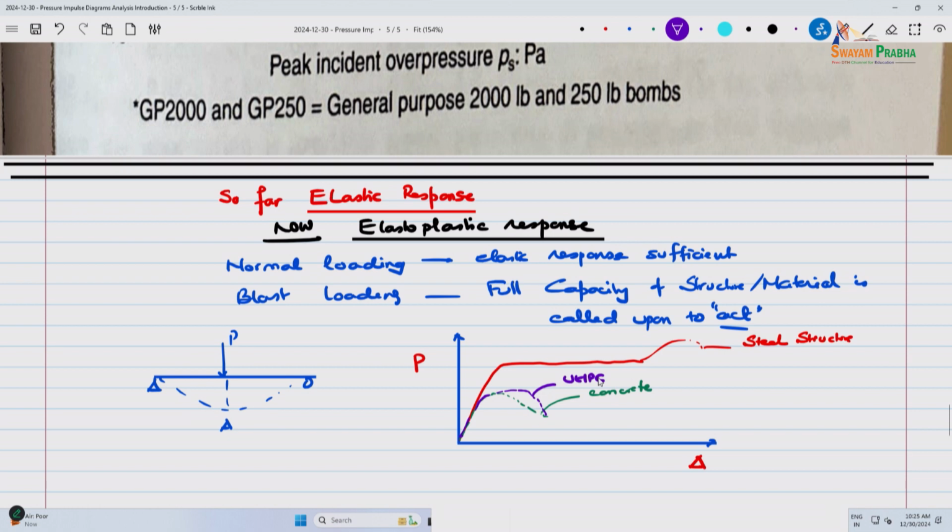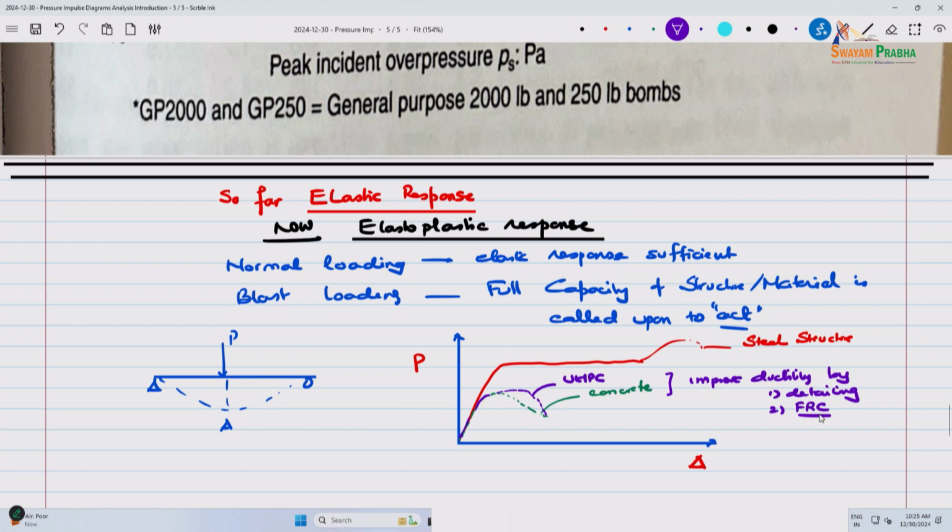So, you can get a lot more ductility from a material perspective by using, so improve ductility by detailing or fiber reinforced concrete.